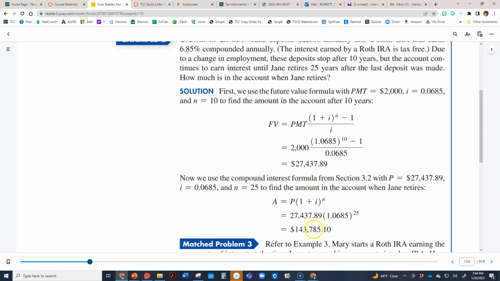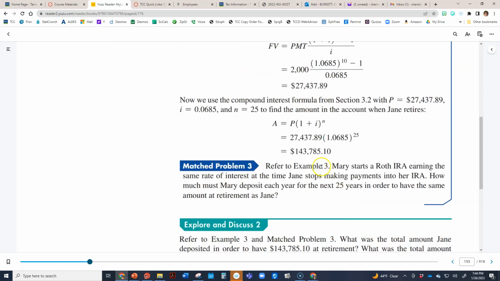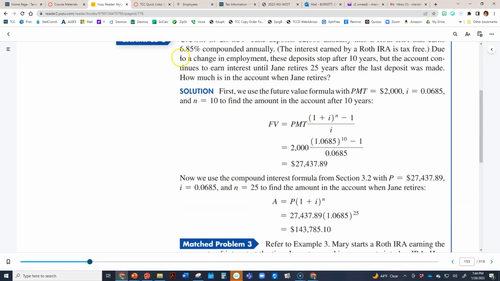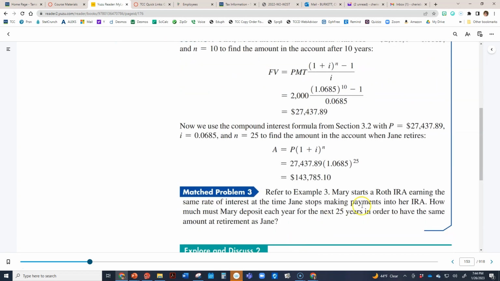So $143,785.10. That's what Mary has. And it says that Mary is going to use the same interest rate, so 6.85% interest. She's going to do 25 years. She is going to use the same interest rate.